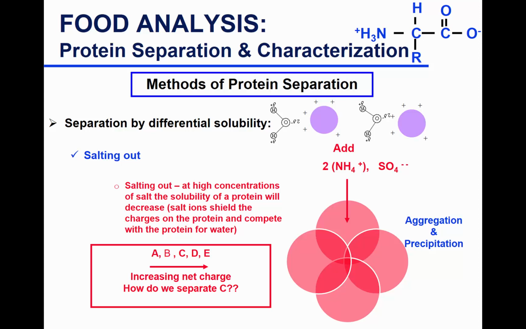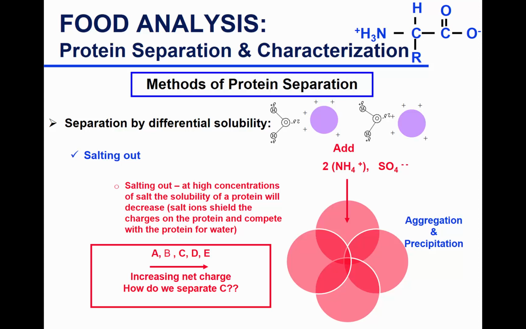You're heading in the right direction, Mallory. Maybe figure out how much salt you need to salt out two of them, and then do the other two. Yes, that's exactly what it is. Of course, it's not as simple as this.